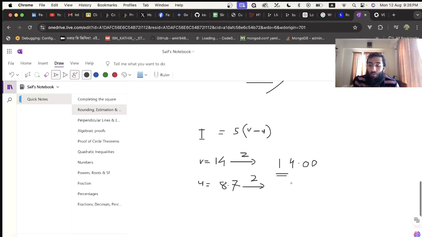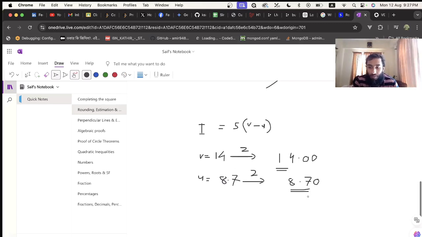What are the 2 significant figures? 8 and 7. When it says it is correct to 2 significant figures, you can also write it as 8.70. There is no problem with that, as long as 2 significant figures is correct.